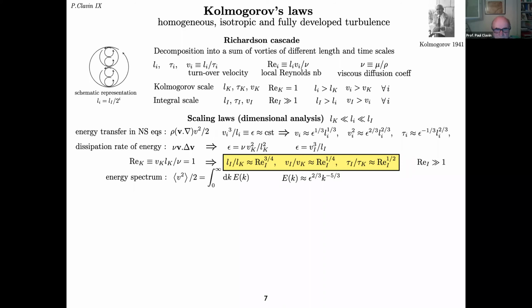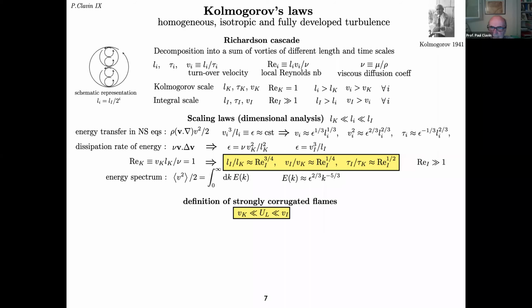And with this, you can compute the spectrum of energy, the distribution of the energy in wavelengths, and you obtain the famous law of k minus 5/3, which is here, with the spectrum of energy distributed on the wave vector, k minus 5/3.